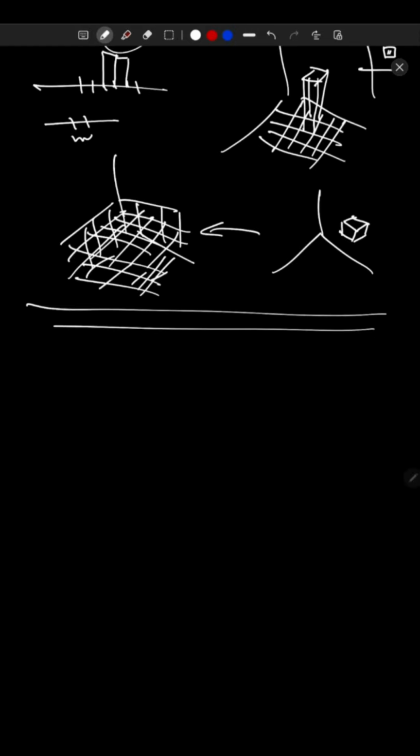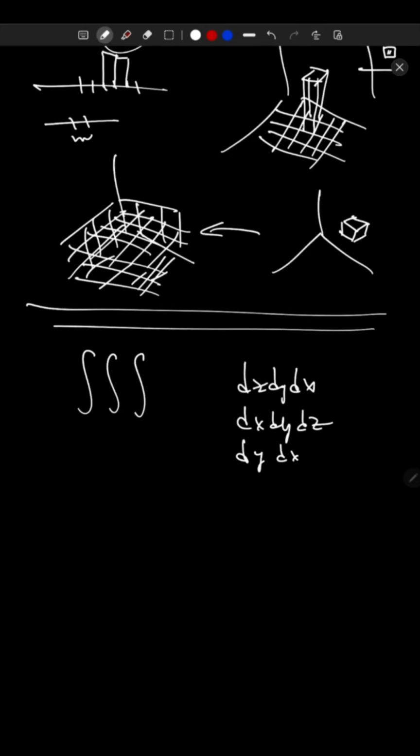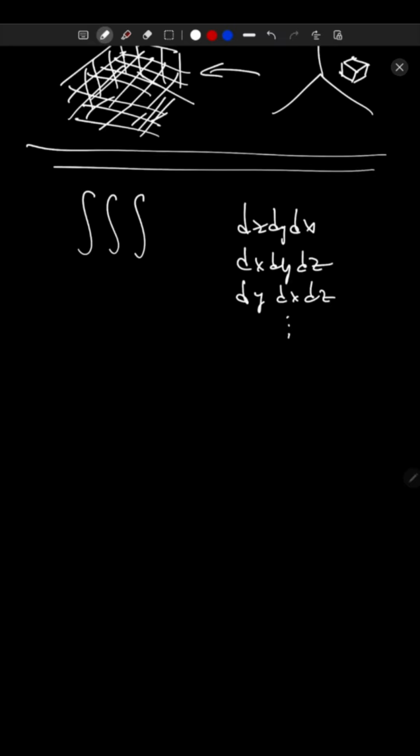Essentially, that means integrating in any order that we like: dz, dy, dx, or dx, dy, dz, or dy, dx, dz, and so on. There's 6 different possibilities. We'll be trying out all the different possibilities when we actually start doing problems.